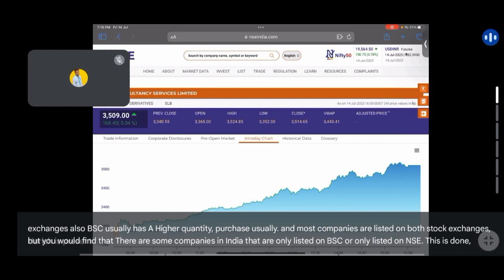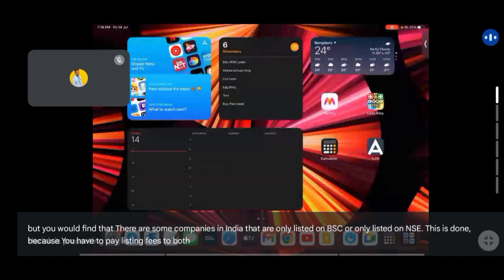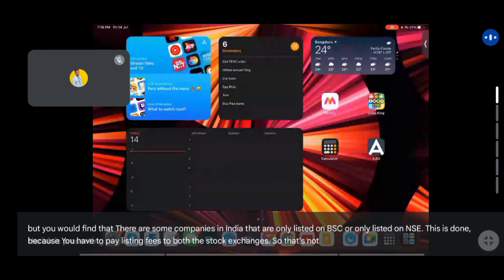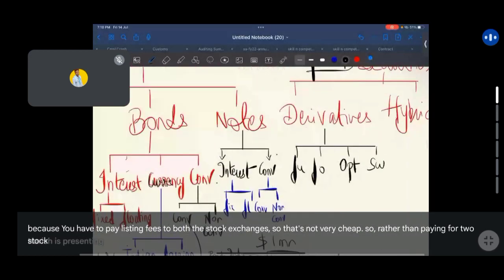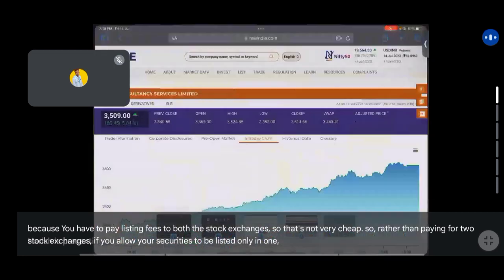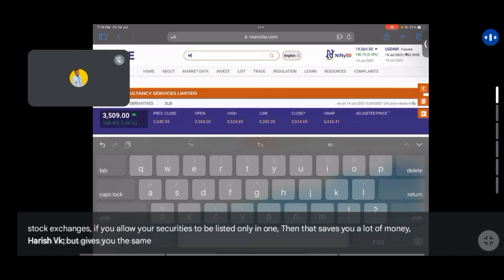This is done because you have to pay listing fees to both the stock exchanges. That's not very cheap. So rather than paying for two stock exchanges, if you allow your securities to be listed only in one, that saves you a lot of money but gives you the same visibility.